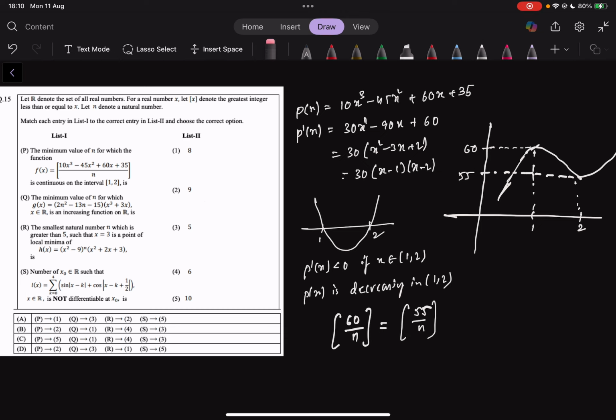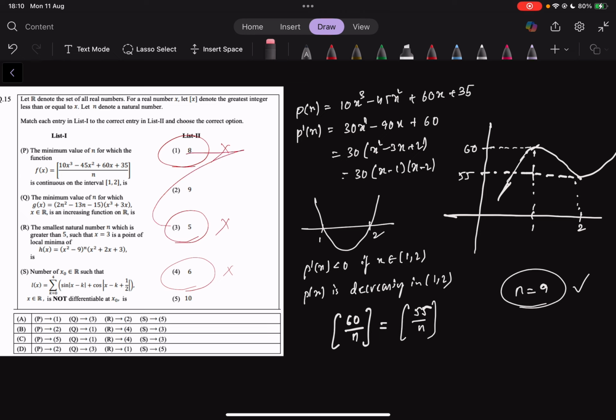So basically the minimum value of n that makes this function f of x continuous is n equals 9. Out of the given options we have checked 5, that's not possible, 6 it's not possible, 8 it's not possible, so 9 is the possible one.